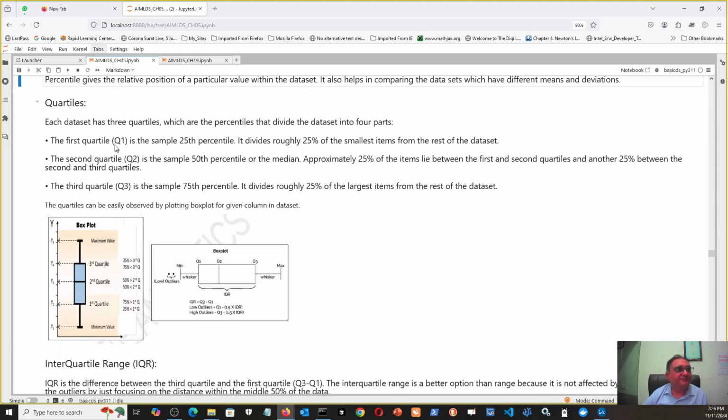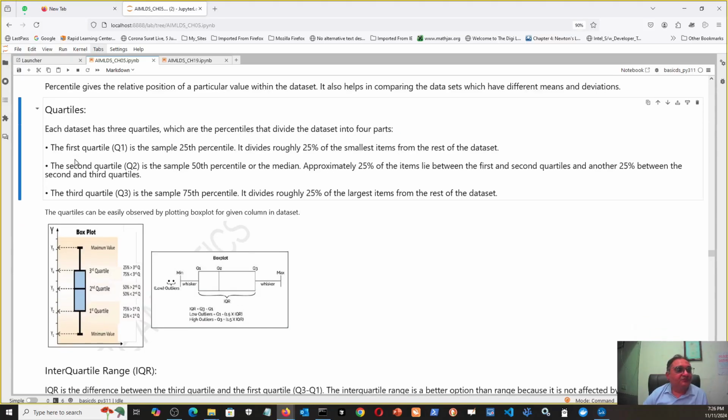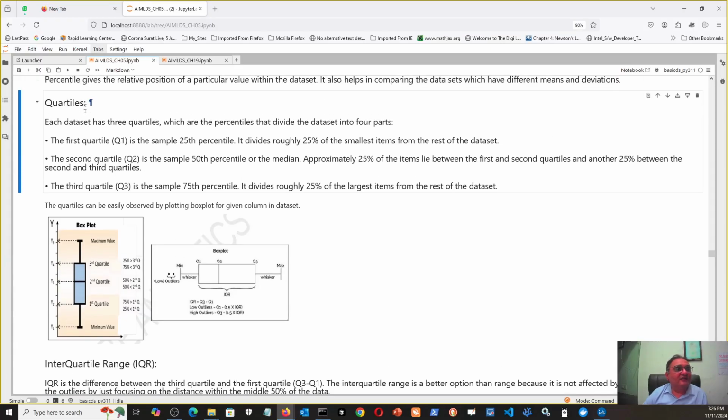Then quartiles. There are three quartiles which are very popular for every data set. First quartile, second quartile, and third quartile. What is first quartile? It is that element so that below that element 25% of the smallest observations of the data set are present, or it divides roughly 25% of the smallest observations from the rest of the data set.